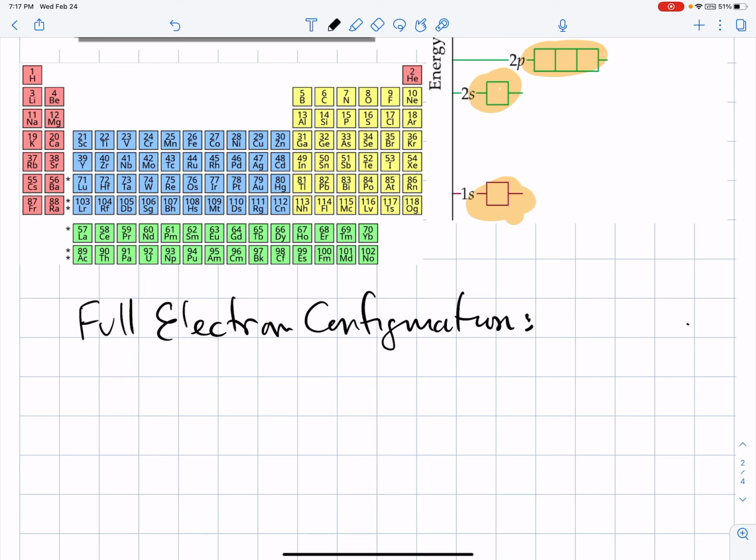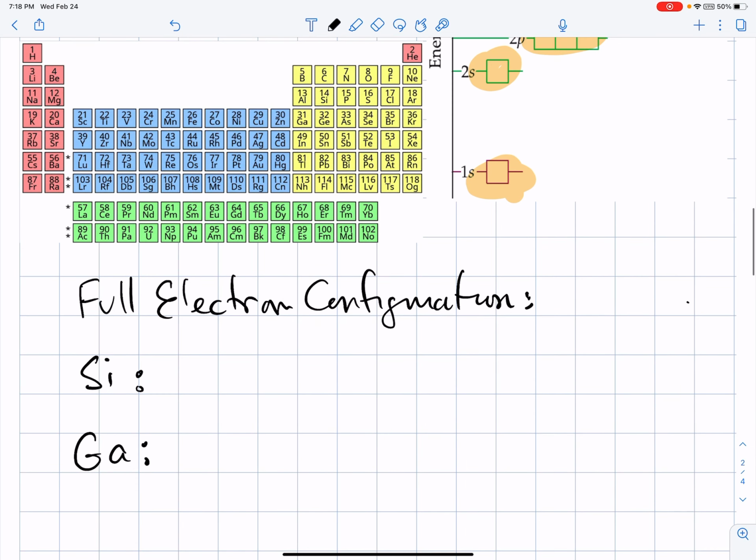Give me the full electron configuration for silicon, and then also the full configuration for, how about gallium? Okay, silicon is element number 14, gallium is element number 31. So you can pause the video and see if you can write those out.